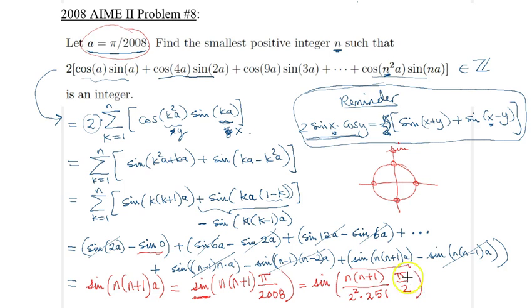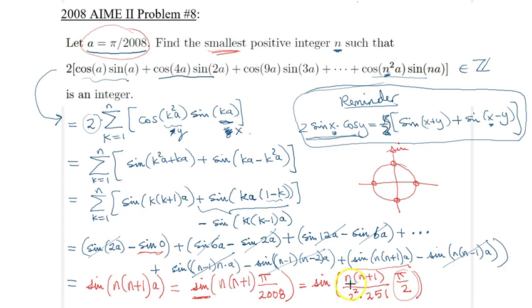That's it. So as long as I have an integer multiple of pi over 2, I should be in good shape. So we want n times n plus 1 over 2 squared times 251 to be an integer, and we just realize either n or n plus 1 is equal to 251 for us to get the smallest case.